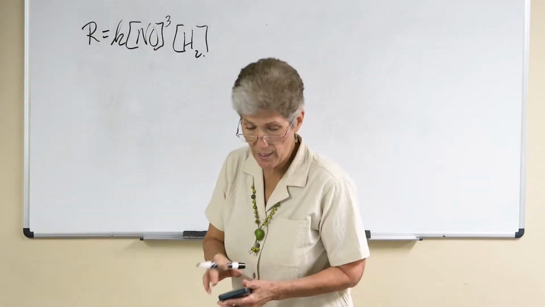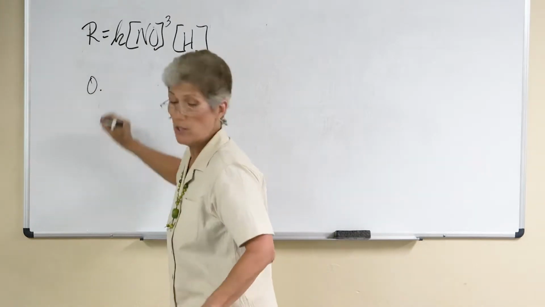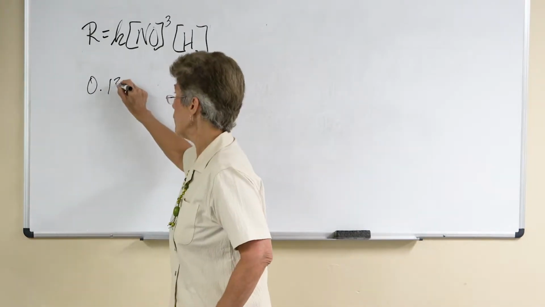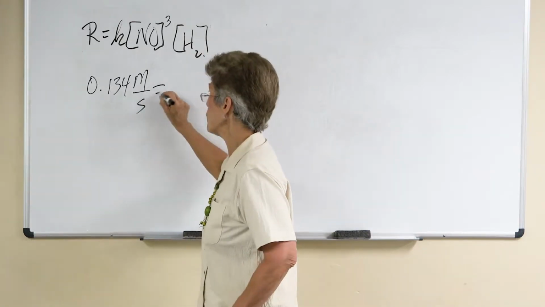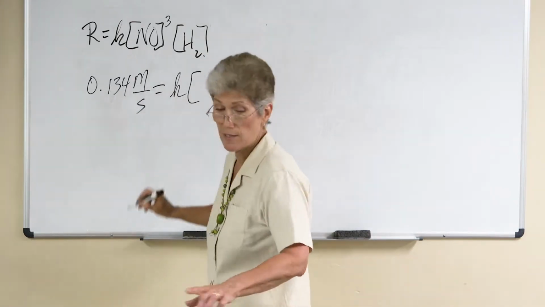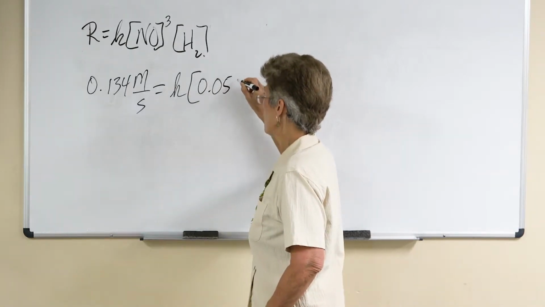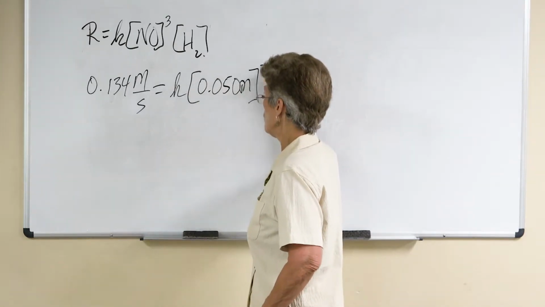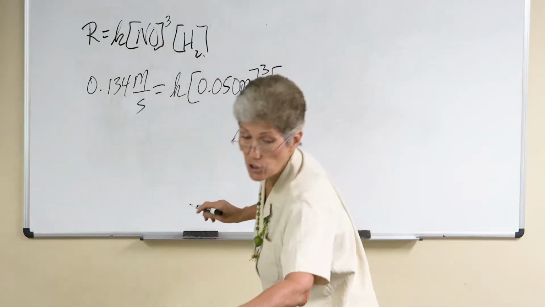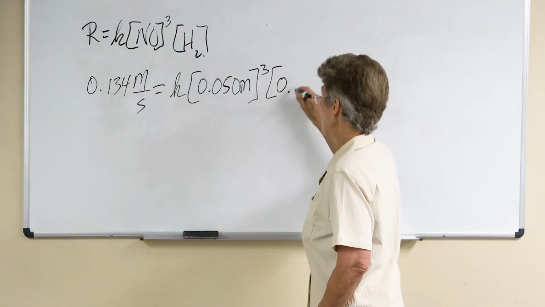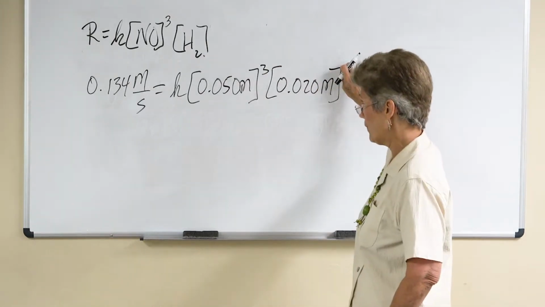So we're just going to plug in the whole first line. So the first line is 0.134 molar per second equals, we're trying to calculate the rate constant, K, NO here, the concentration is 0.050 molar, and that's cubed. And then H2 in the first trial is 0.020 molar, and that is to the first power.